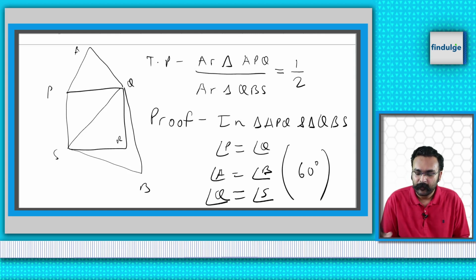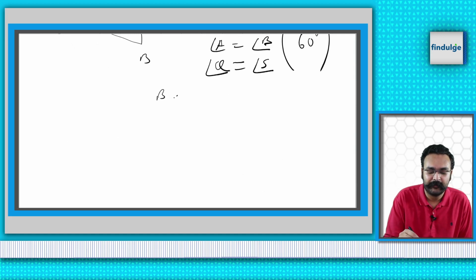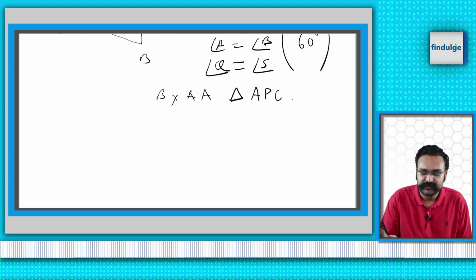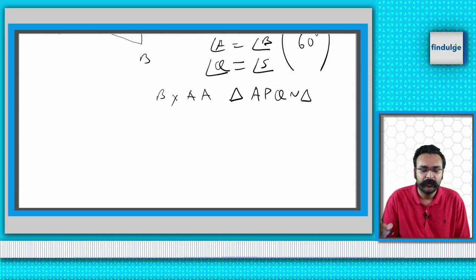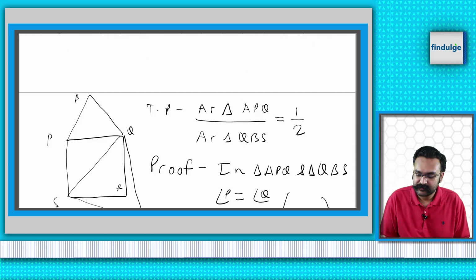And therefore, by AA similarity, or in this case even AAA, but simply by AA similarity, triangle APQ is similar to triangle QBS.